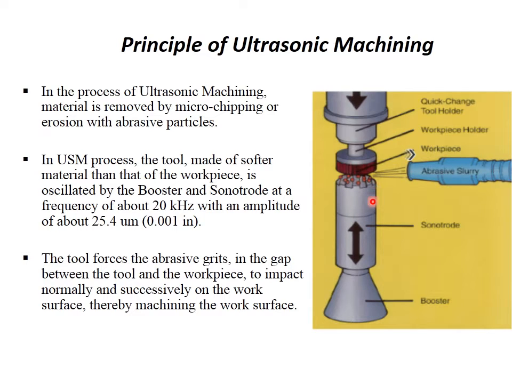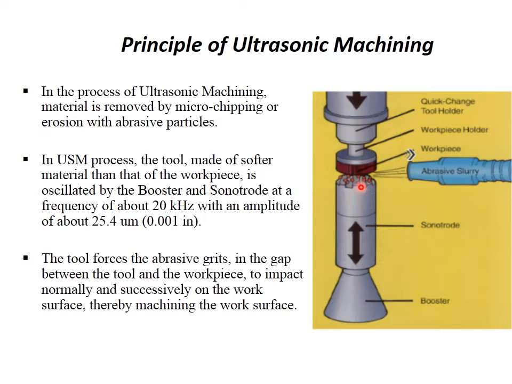Once you apply these ultrasonic waves, the amplitude is in this direction, up and down. So your sonotrode, this tool, will move up and down a number of times in a fraction of a second, because the frequency is too high, more than 20,000 hertz, right?